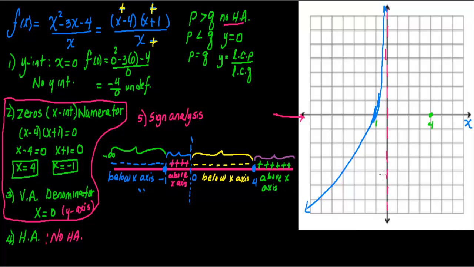So I'm going to go ahead and go below the x-axis right here between 0 and 4, and since this is a wall, graphs behave near walls, they will splash against the wall. So I know that I will reach 4, I will be very close to this wall, I will splash against it, I will not touch that wall, okay?